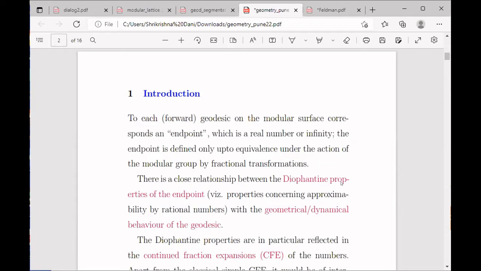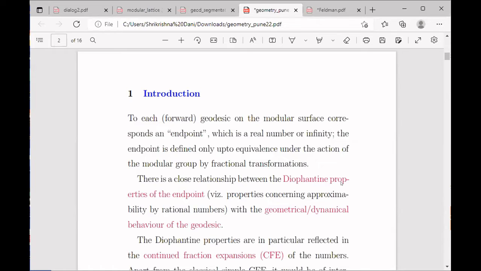Forward geodesics on the modular surface each have an endpoint on the boundary. The hyperbolic plane has a boundary, and each geodesic is represented by some geodesic in the hyperbolic plane, and hence it has an endpoint, which is a real number.